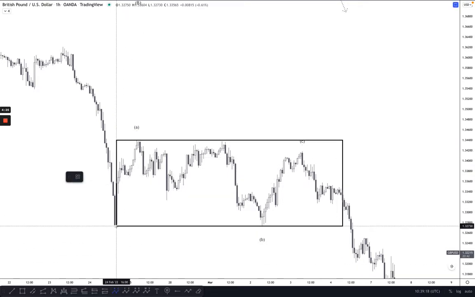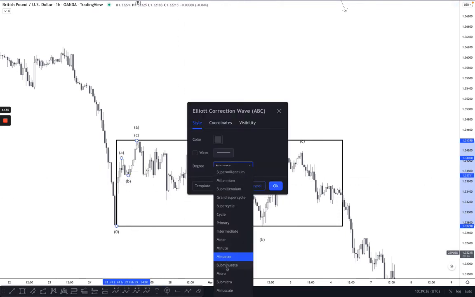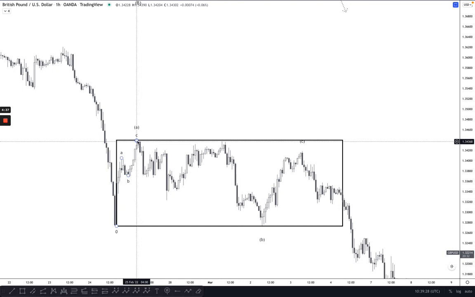If I break this down, A, B, and C, I'm just going to reduce the degree to sub-minute. And then wave B is actually playing another flat. So wave B actually has a flat, so we go A, B, C, A, B, C, and then 1, 2, 3, 4, 5. That's a three wave sequence, isn't it? Because flat A, B, C overall is also a three wave sequence.